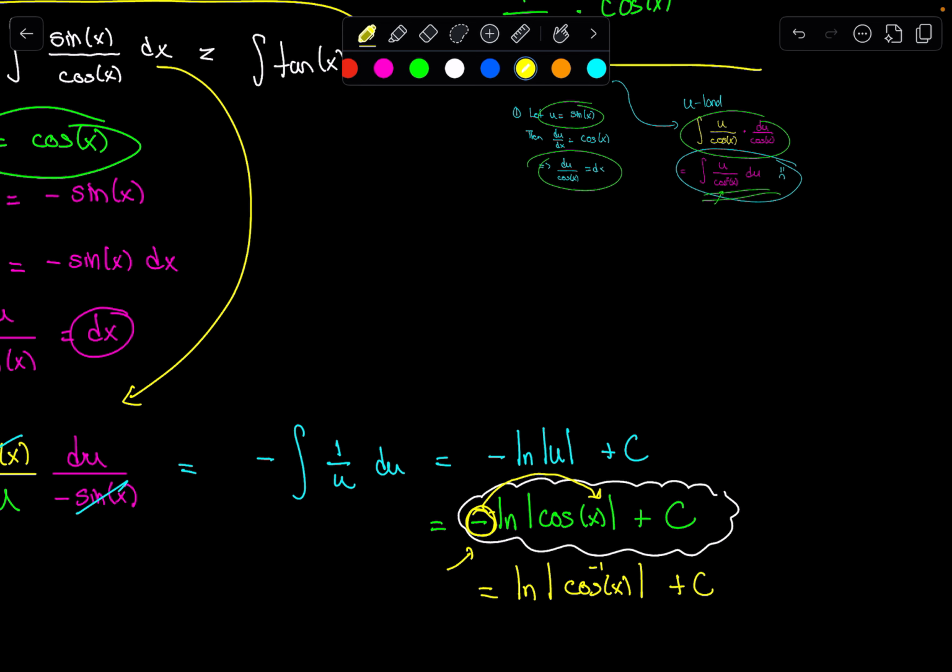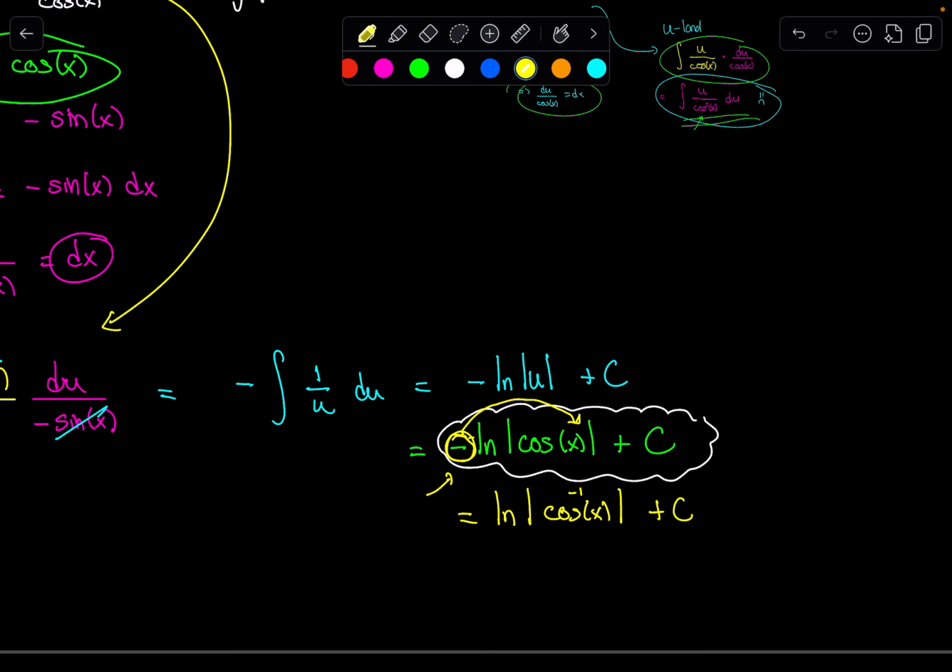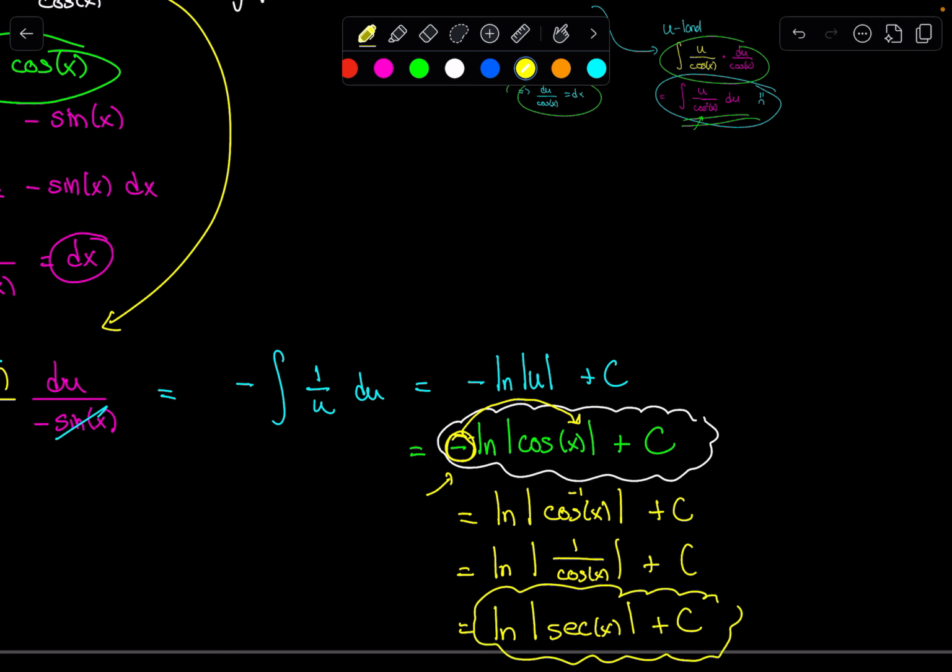This is good old fashioned cosine raised to the negative 1. So this is actually natural log of 1 over cosine of x, which 1 over cosine is famous for being secant of x plus c. So these answers are the exact same, and you may see them and you can use them interchangeably.